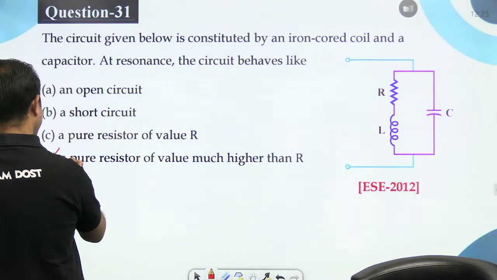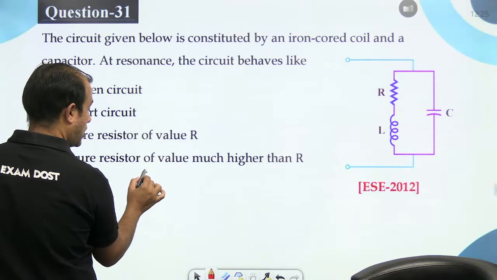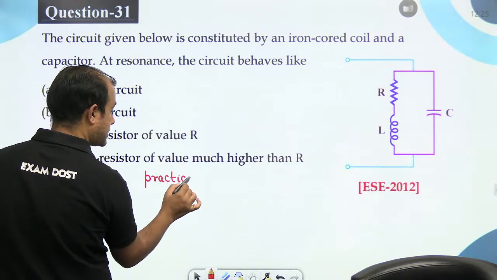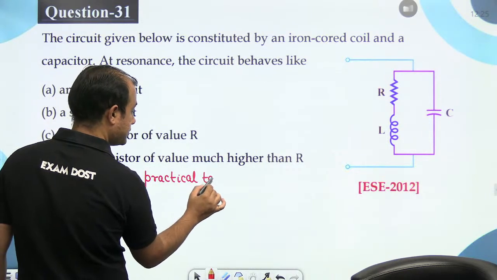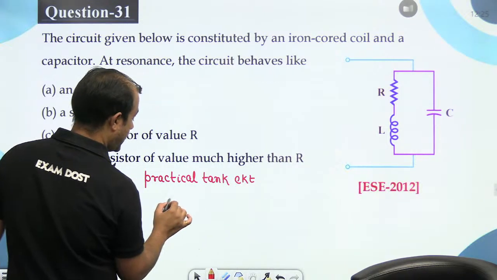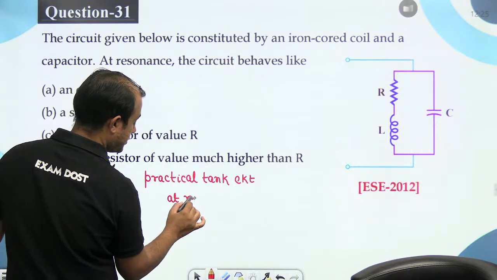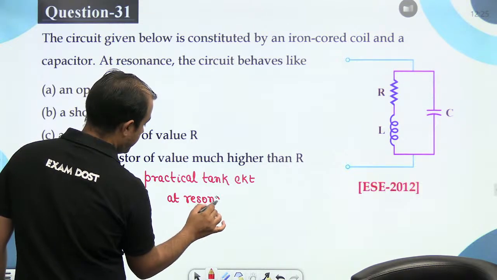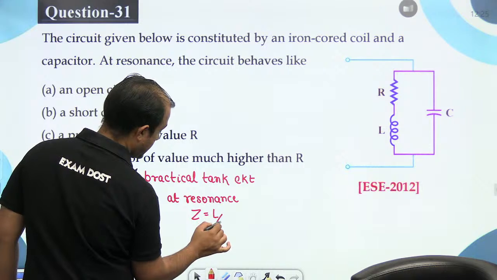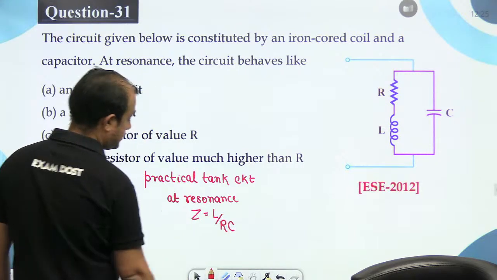The answer will be D. This is called the practical tank circuit. At resonance, the impedance of this circuit is L by RC.